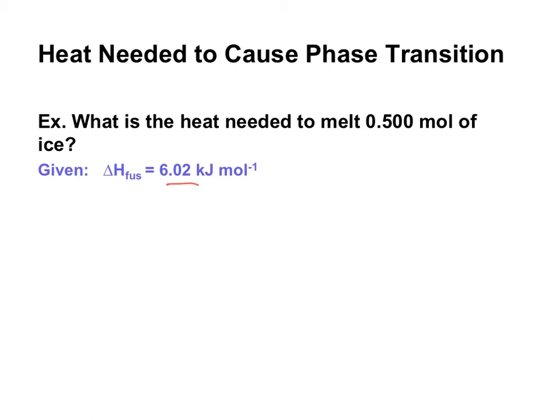So you could use that number if you had 1 mole, but if you don't have a mole, in this case you have half a mole, then we've got delta H for the process, which is going to be equal to Q, and this is n times delta H for the transition, whatever the transition is. So delta H for that transition is heat for that transition, and it's just the number of moles times it.